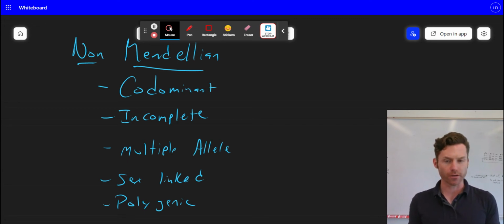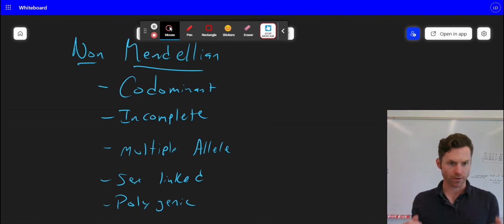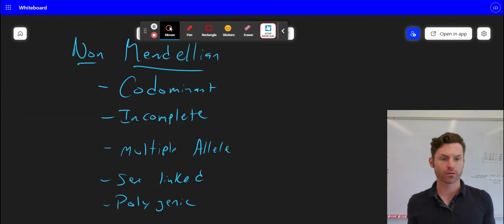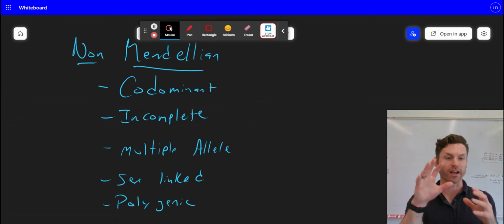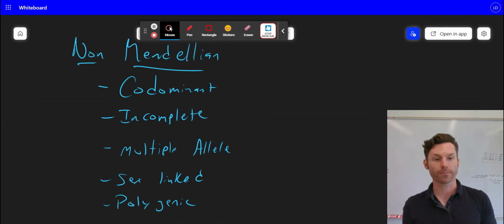So co-dominant non-Mendelian is when a heterozygous organism presents with both phenotypic options expressed. So if it's red fur and blue fur, if it's co-dominant, the heterozygous organism will be red and blue. Okay.